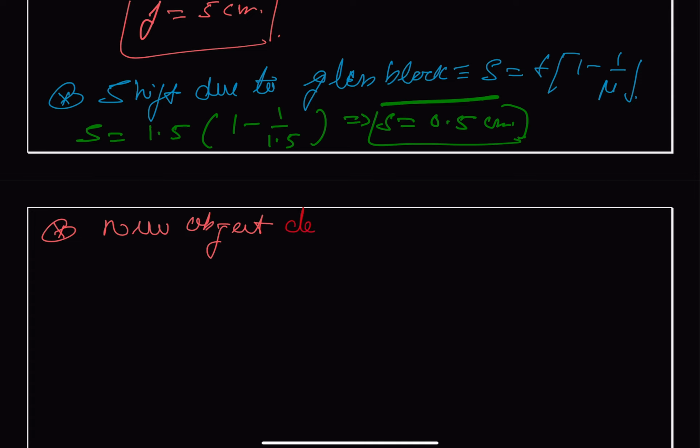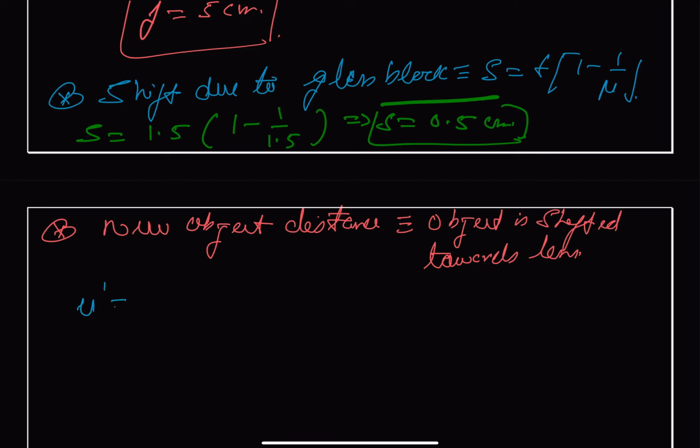This new object distance will be such that the object is shifted towards the lens. So new object distance, that is our u prime, will be equal to minus 10 plus 0.5, giving us minus 9.5 centimeters.